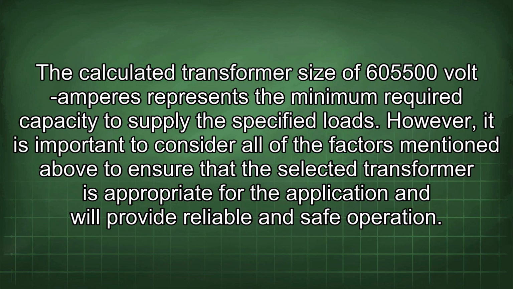The calculated transformer size of 605,500 volt-amperes represents the minimum required capacity to supply the specified loads. However, it is important to consider all of the factors mentioned above to ensure that the selected transformer is appropriate for the application and will provide reliable and safe operation.